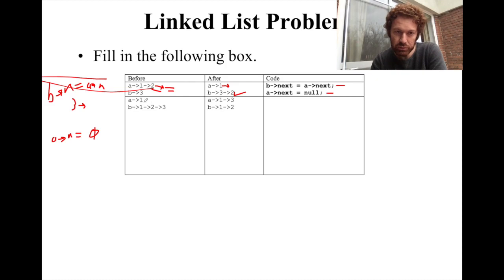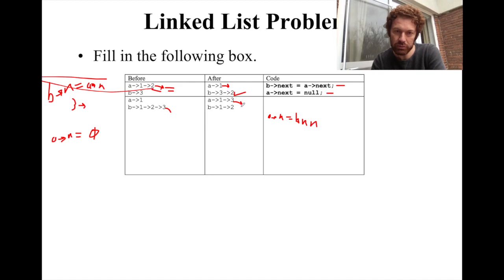Let's do the other one. Actually, it is similar, I guess. So a dot next will be, I will need to get b dot next dot next, b dot next dot next, and 3 comes with its ending, null ending automatically.